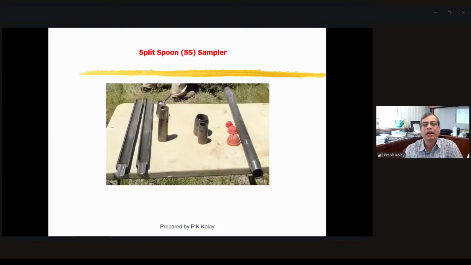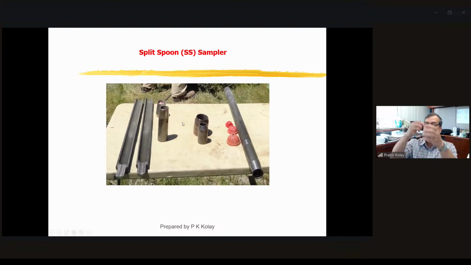This is how it looks like, the split spoon sampler. It can divide into two, and there is a cutting shoe over here, and a core catcher over here. The core catcher should be attached like over here, where my pointer is.